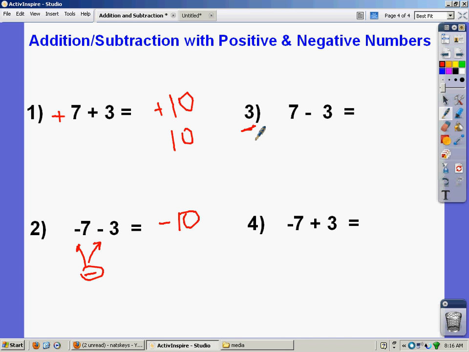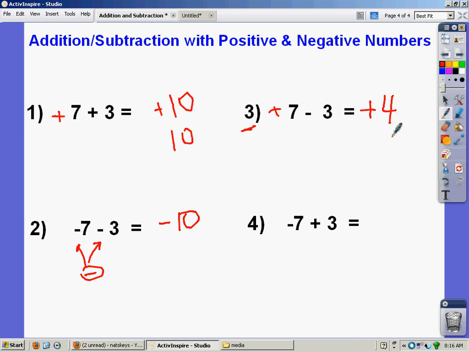Opposite, clearly, because this is a positive 7 and that's a negative 3. If they're opposite teams, we figure out who's going to be the winning side. The winning side will be clearly positive 7, because 7 is bigger than 3, so the answer is going to be positive. By how much is 7 going to win over 3? It is by 4.